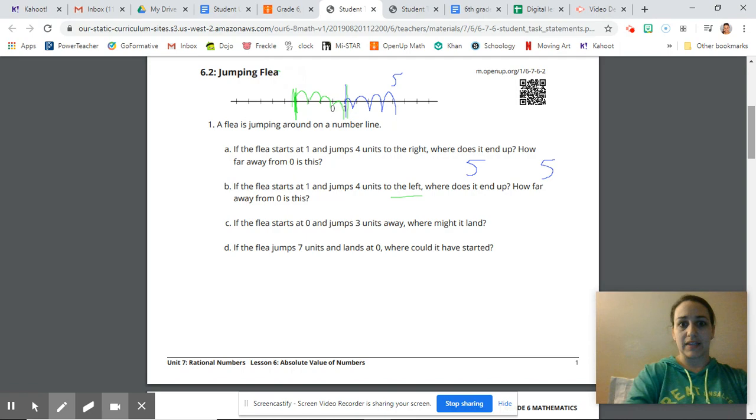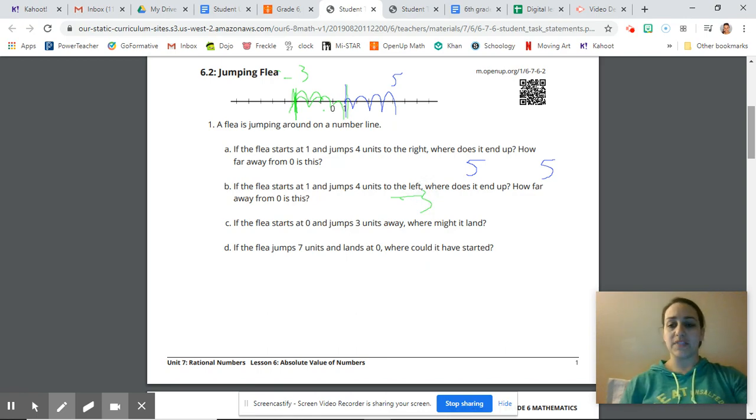So that's going to be back there at -3, because when I count behind the number line to the left, my numbers get lower. So I'm going to go -1, -2, and -3. So I would say that he ends up on -3 as his location.